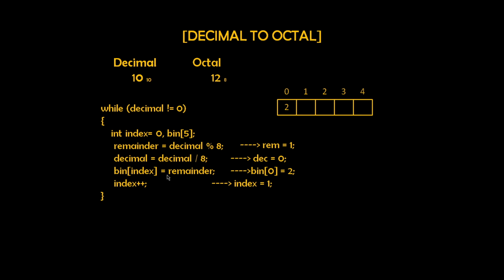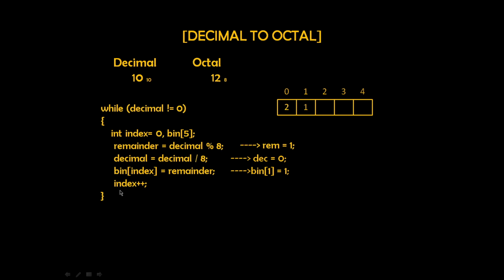Here in this line, since our index is 1, we are going to assign or store the value of our remainder in elements at the value of index. Our index is 1, so our remainder is stored in this index. As you can see, we're assigning the value of remainder in index 1.